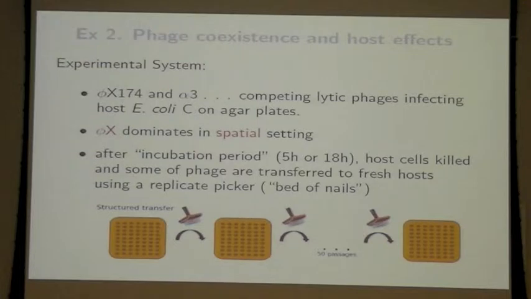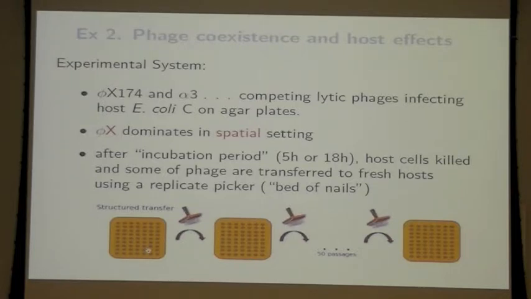And so what we did is we ran a competition in what Holly likes to describe as a civil war scenario. So we put phi X on the top half. We inoculated the cells with phi X in the top half of the plate, alpha-3 in the bottom half of the plate, and we just let them go at it.